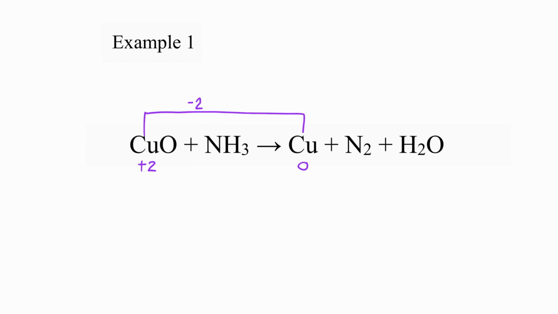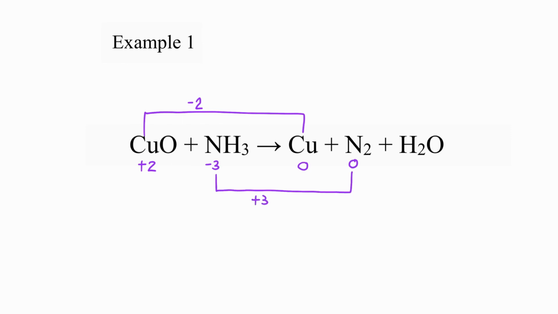Next, we have nitrogen. Nitrogen in ammonia has -3 as the oxidation number, and it will become N2 with 0 oxidation number. So it undergoes oxidation, changing from -3 to 0. The change in oxidation number here is +3.